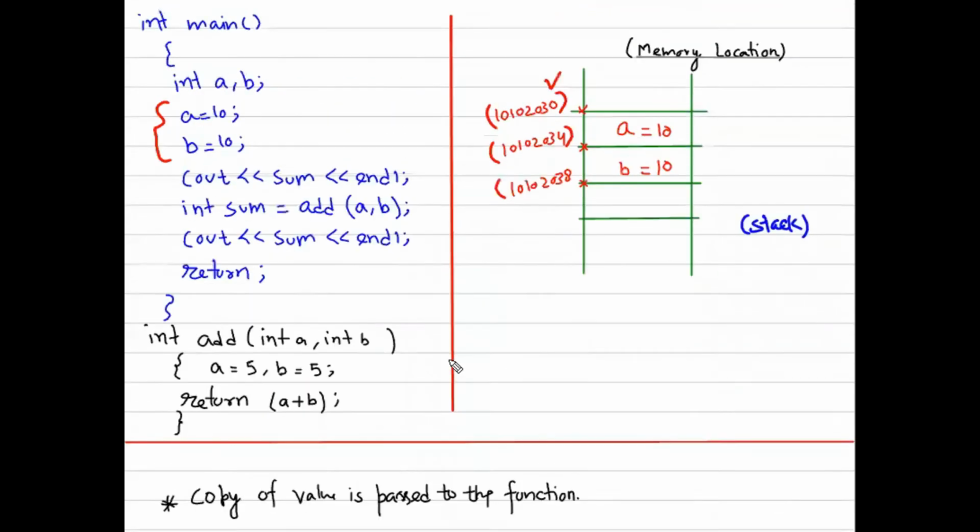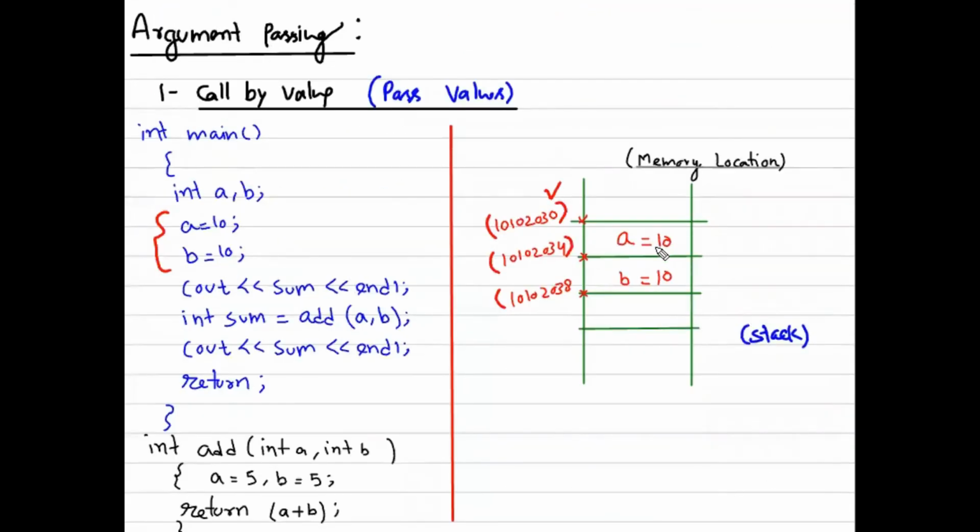But what if we want to change the original values? This method is not appropriate because we are just passing the values of the variables. If we want to make changes in the original values, then we have to go for a different method.